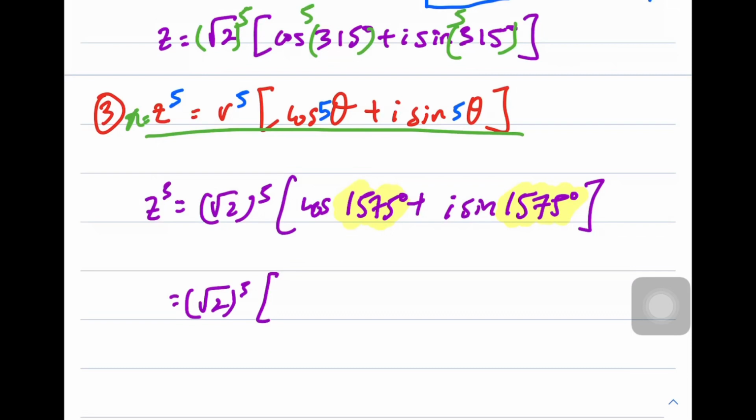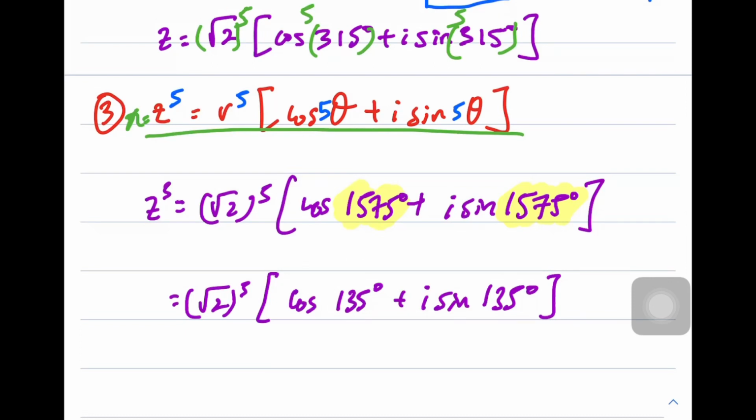What we'll get is 135 degrees. So let's rewrite our answer. Our final answer is square root of 2 to the power of 5, in brackets, cos 135 degrees plus i sin 135 degrees.